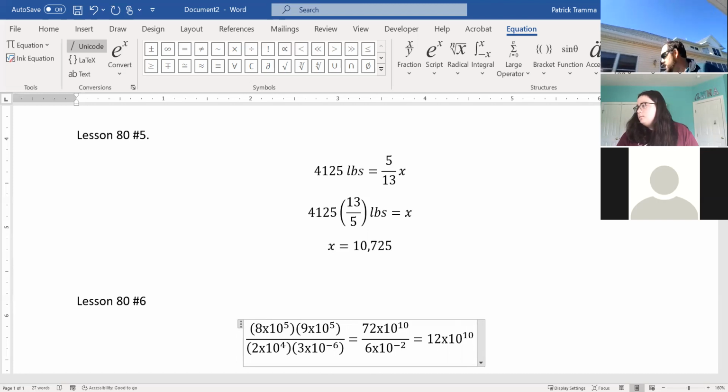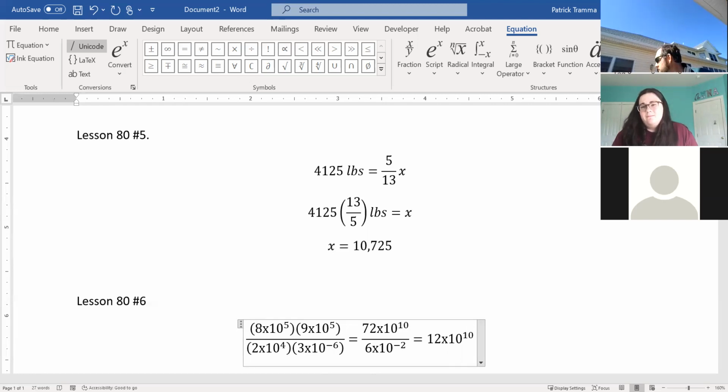What one more thing do we need to do? Anyone remember? It's 12 times 10. We need to make it into scientific notation again.